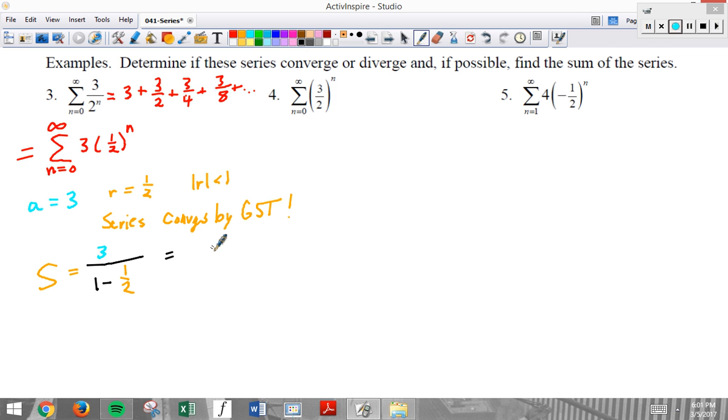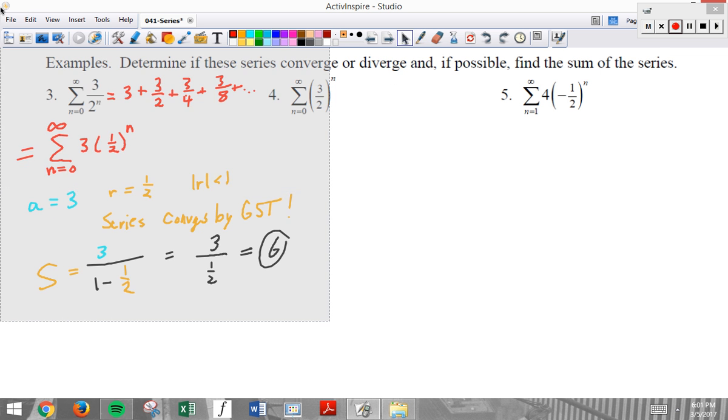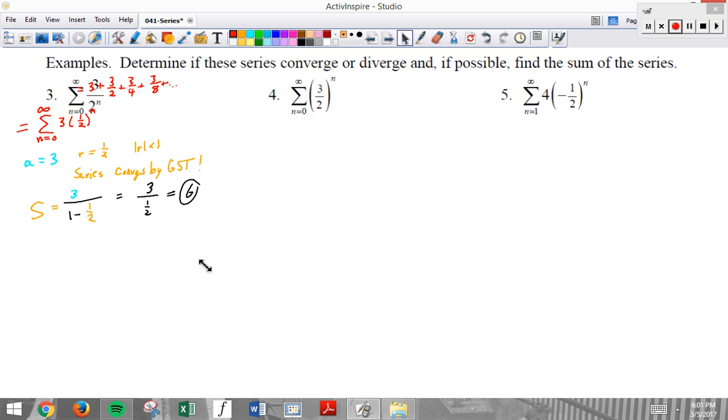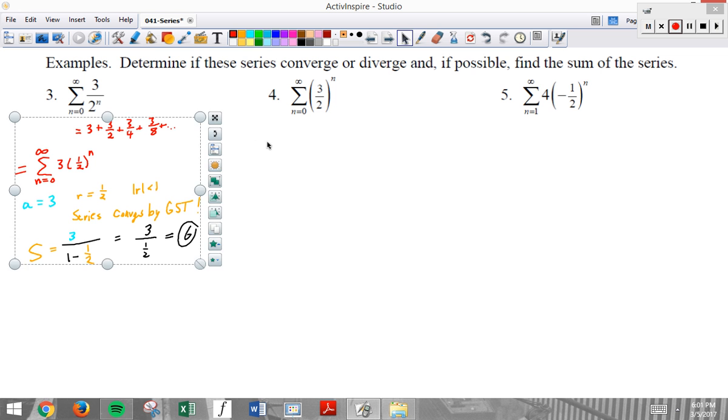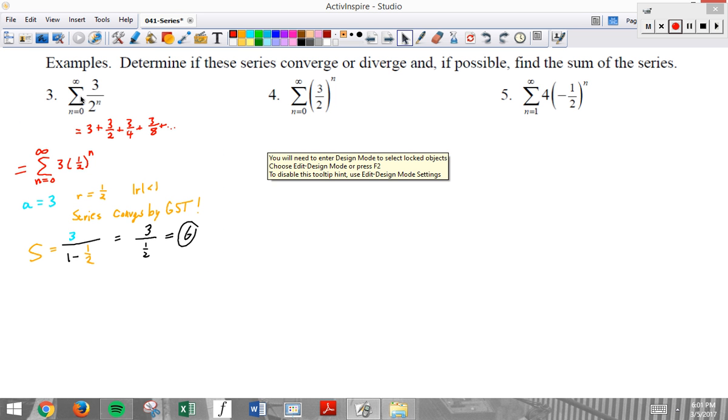That would be good enough if you don't want to simplify. But you're BC kids, so I expect you to be able to simplify that to 6. So by some happenstance, this series adds up to 6. Is that crazy? I don't know. I've been doing this so long that it seems natural to me. I added up infinitely many things, I get 6. Just the way the game works, just the way the cookie crumbles.